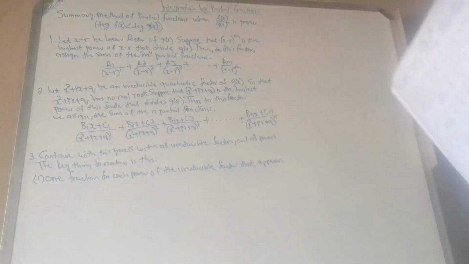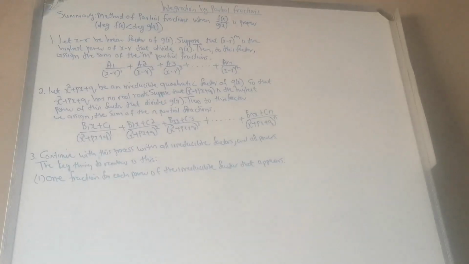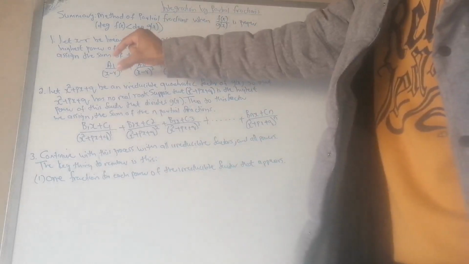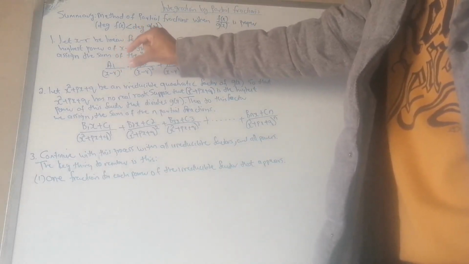This is one thing that we always need to remember, and it is a key. One fraction for each power of the irreducible factor that appears. Very, very important.